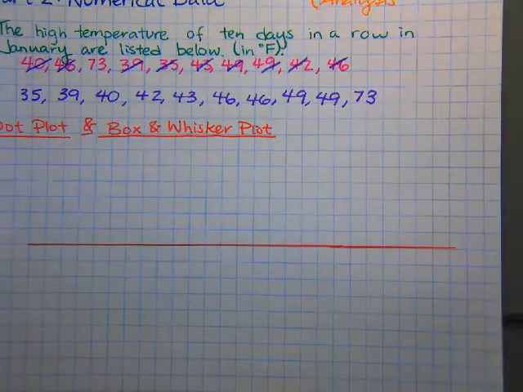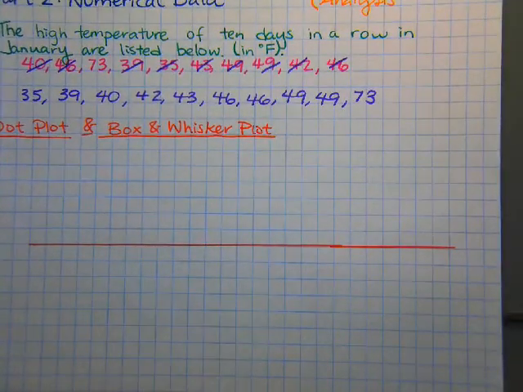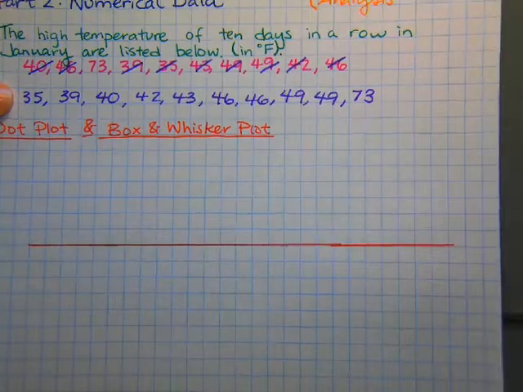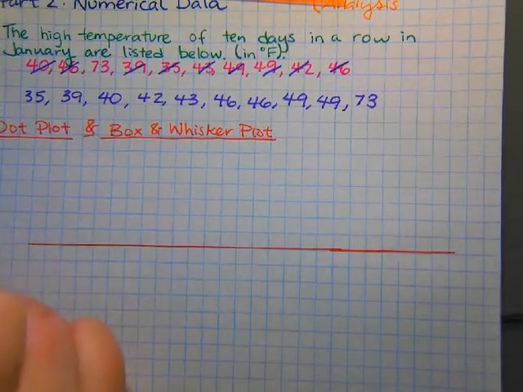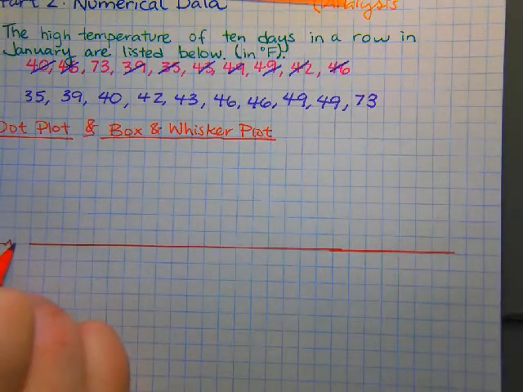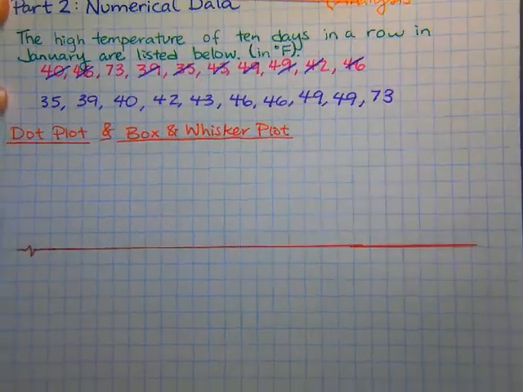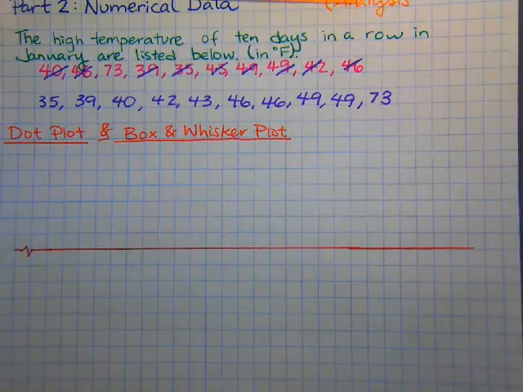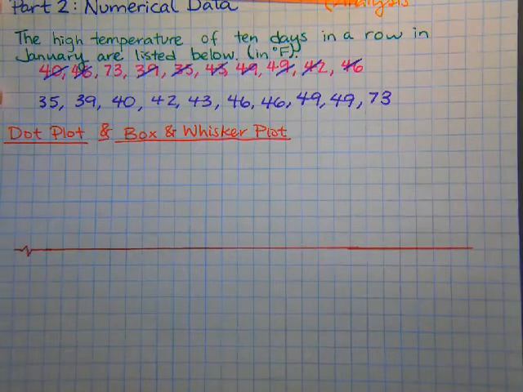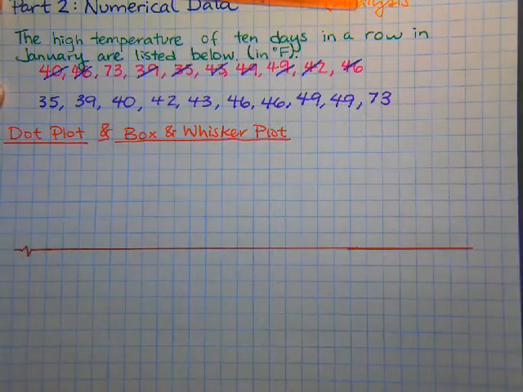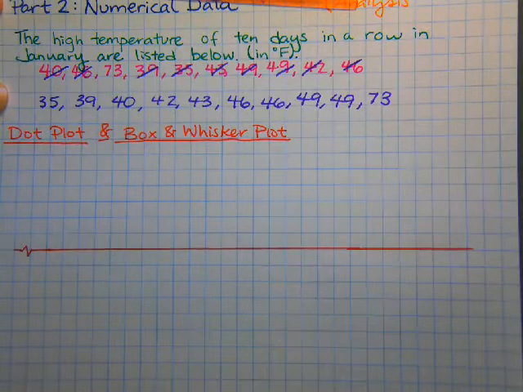And what we want to do is, I don't want to start at 0 because my lowest number is 35. So I'm actually going to kind of start with a broken graph symbol, which means I don't have to start at 0. I can start at 35 and I need to go out to 73. So that's a distance of just under 40.